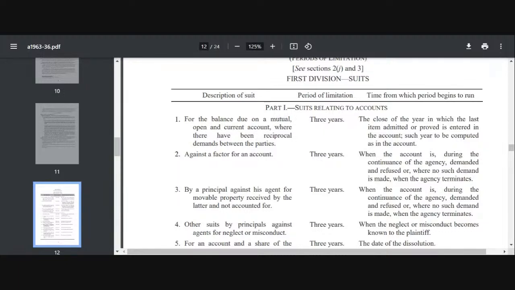If you come to part 5 or part 6, you will find some difference, like 1 year, 2 years, 3 years, so look at part 6. Part 7 also has some 1 year and 2 years, and part 8 too. So you will get some differences in parts 6, 7, 8 and 9. Just see which are the different periods. Otherwise for everything it is 3 years.